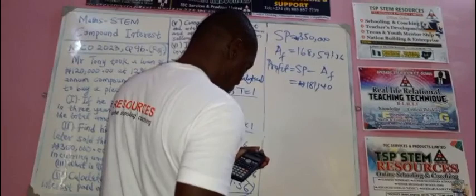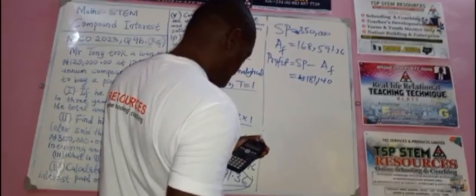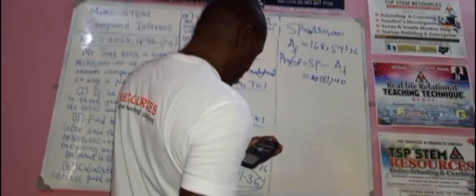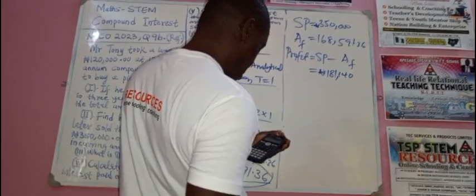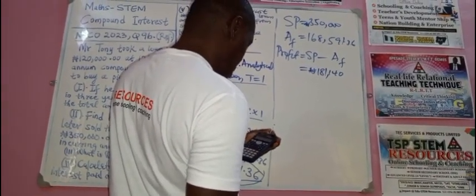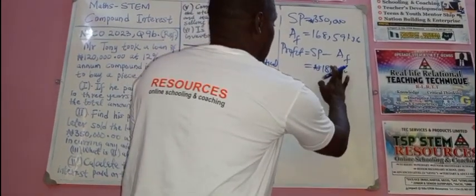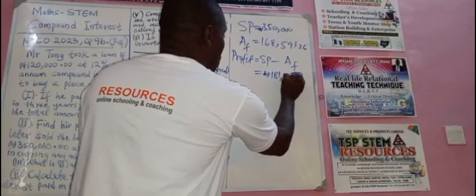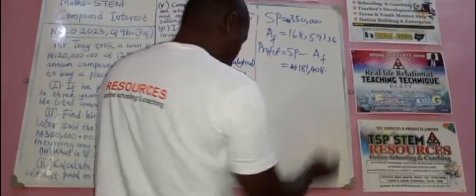We have 181,408 naira and 64 kobo. Do you see that?